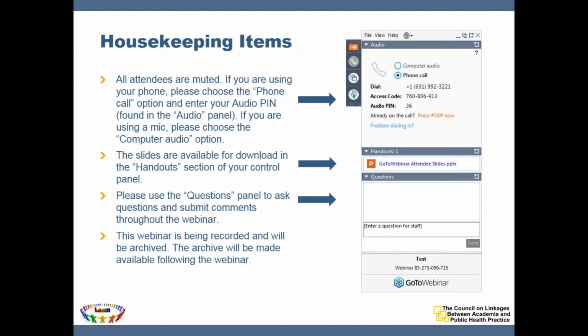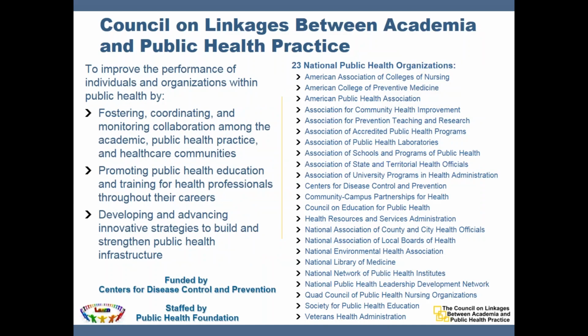Thank you, Kathleen. Let's get on then to the next slide. Some of you on the call are new to us, so I want to take just a few moments to fill you in a bit about our learning community background. We are a product of the Council on Linkages between academia and public health practice, and we're staffed by folks from the Public Health Foundation in Washington.